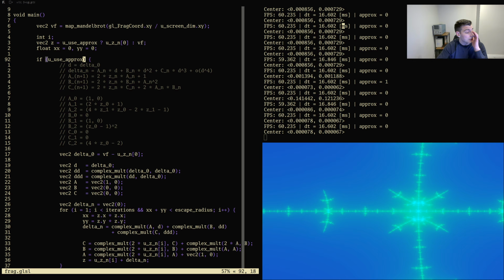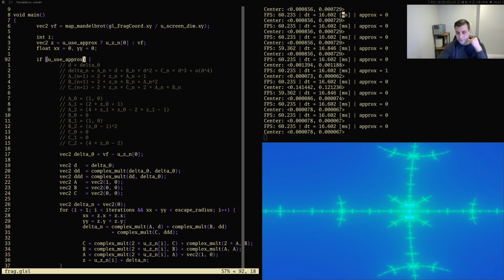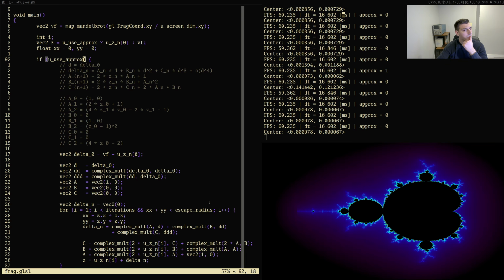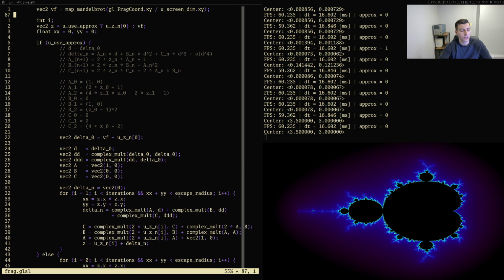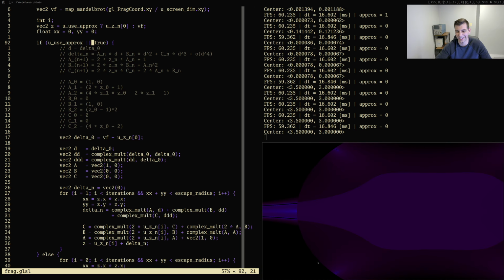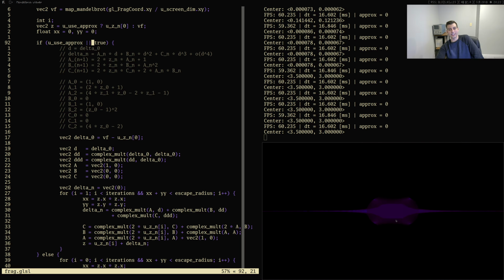Did I do something? Did I miss a step here? Does this even work if... well, in some sense that's a Mandelbrot.